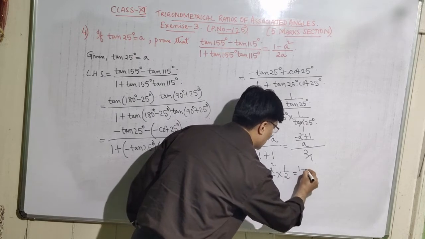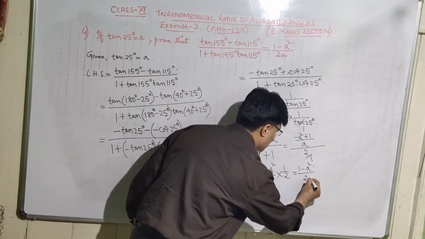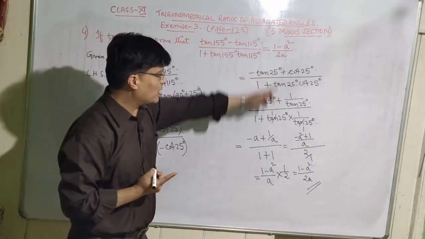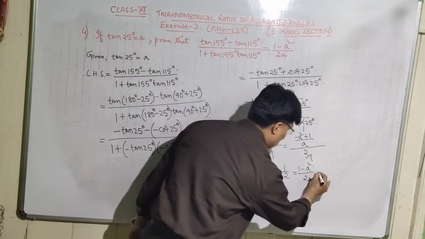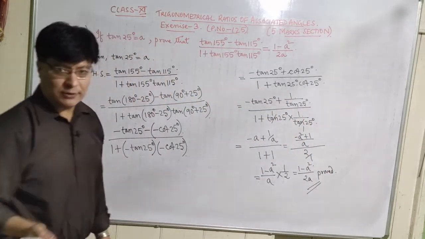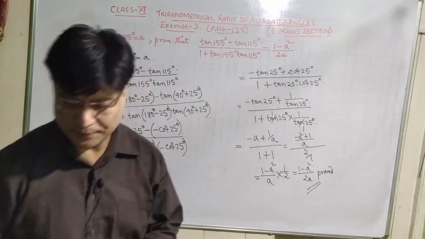So it is equal to 1 minus a square divided by twice a. So it is proved, that is 1 minus a square, whole divided by 2a. I think you have understood it. So you can copy it. Now we'll do the next question.